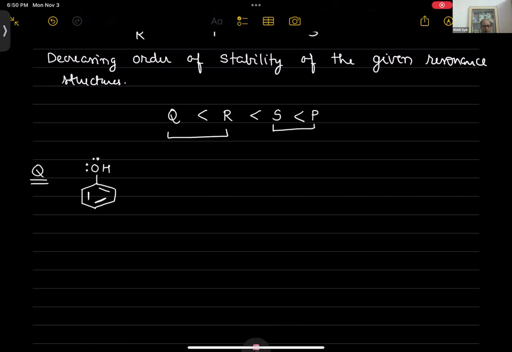And there is a lone pair on O. The lone pair is given to the double bond. A lone pair can take the electrons or give the electrons. How should I write it? Is this the right way, or should I write it in this way?